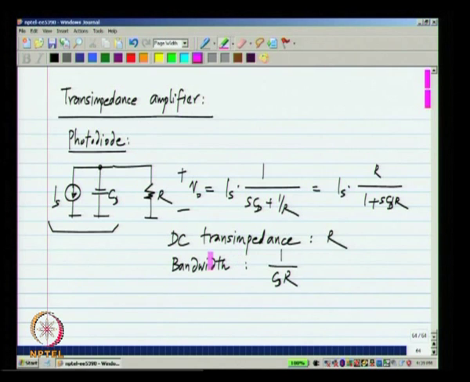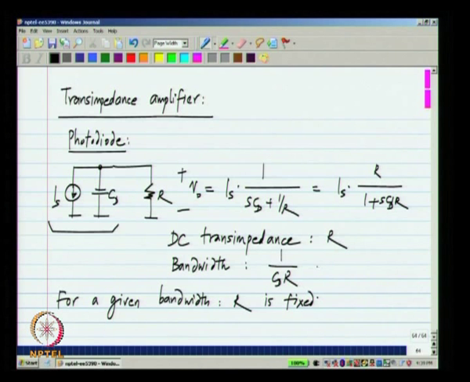So, what does this mean? For a given bandwidth, R is fixed. If you want the bandwidth to be greater than some omega BW, this means that R is smaller than 1 over CD times omega BW.